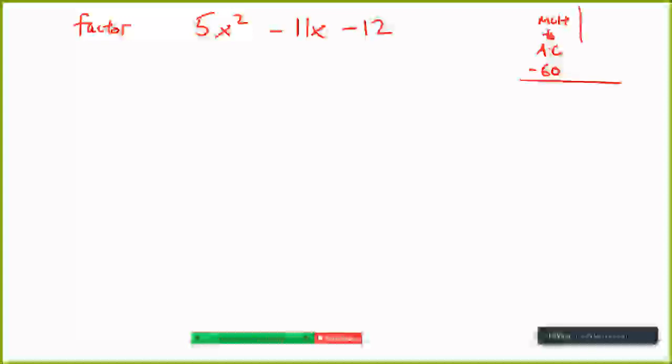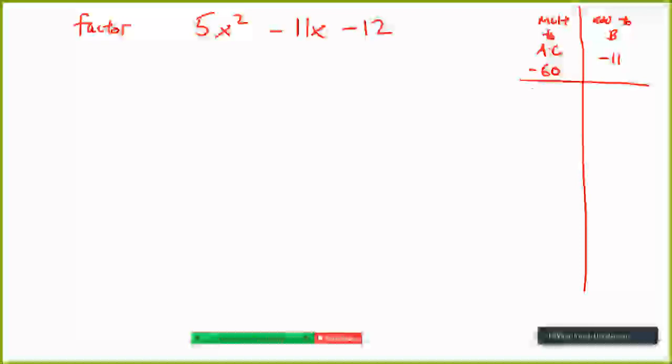And then we want to check to see which pair of numbers adds to b, which is negative 11. So looks like one of our numbers will be negative this time because we have to have a negative to make that negative 60. And then when we add them, they should add up to negative 11.